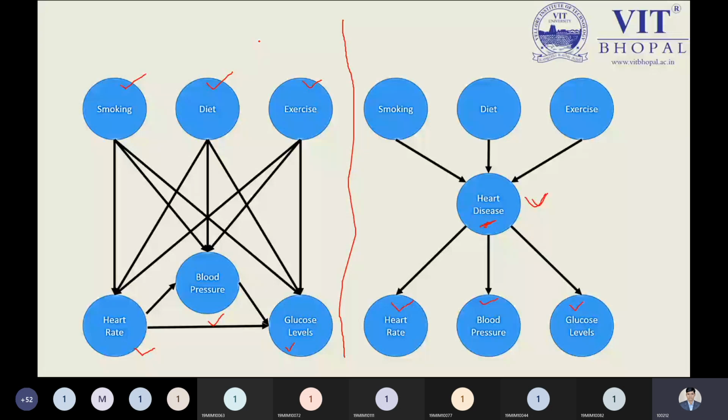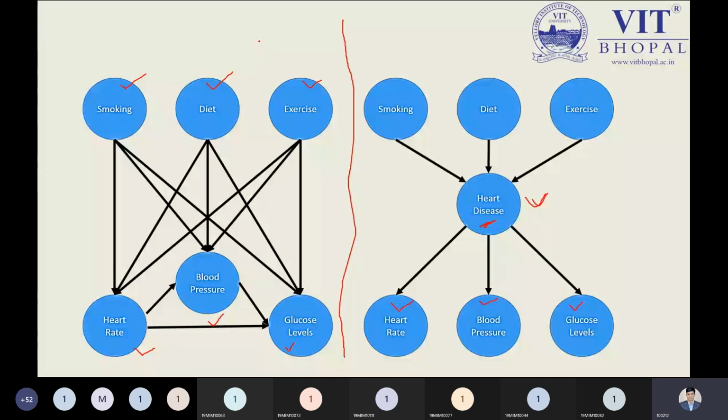But what you can observe over here is this: if you are smoking, you are not having a good diet, and you are not doing good exercise, then definitely what outcomes are we getting? The glucose level cannot be maintained, blood pressure again will not be in the normal range, and heart rate will not be normal.